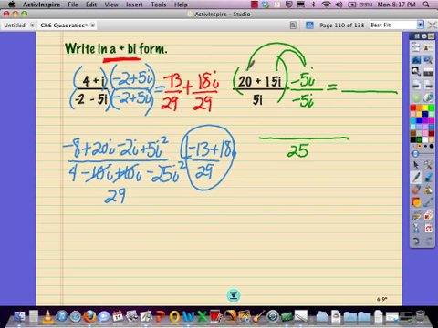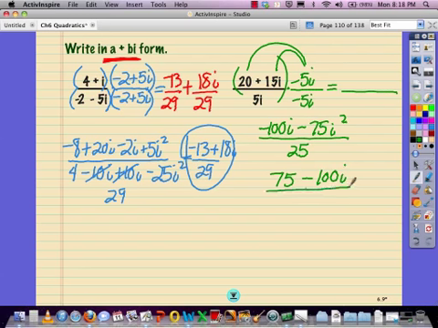Negative 5i times 20 is negative 100i. 15i times negative 5i is negative 75i squared. Simplify there, we know i squared is negative 1, so negative 75 times negative 1 is a positive 75. Put it in the a slot, or the real number slot, and then minus 100i would come next.